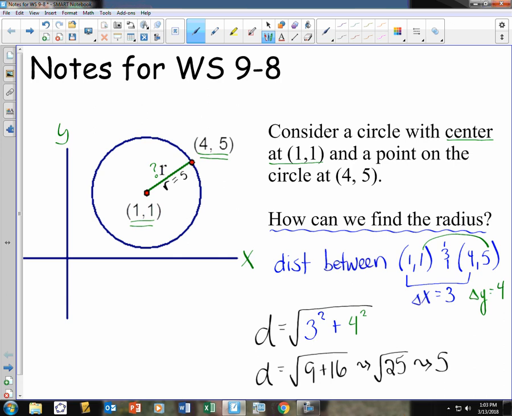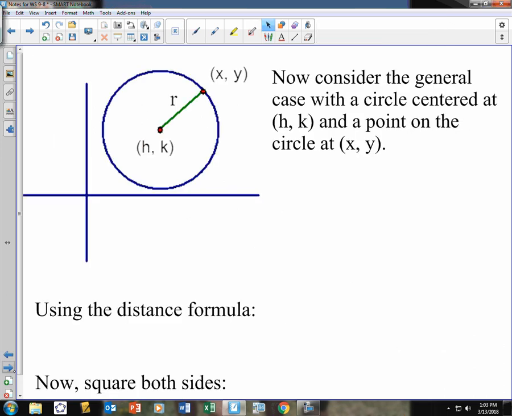Okay, so if we wanted to actually write the equation of a circle, then the things that matter are the distance formula and also the center. And that's kind of what I said on the previous page. So using those two things, we could get the equation of our circle.